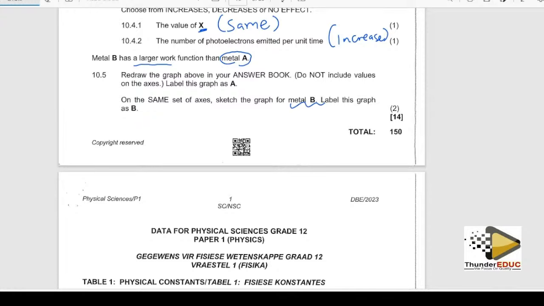So if the frequency is high, which means even the work function is going to be high. And if the frequency is small, which means even the work function is going to be lower.